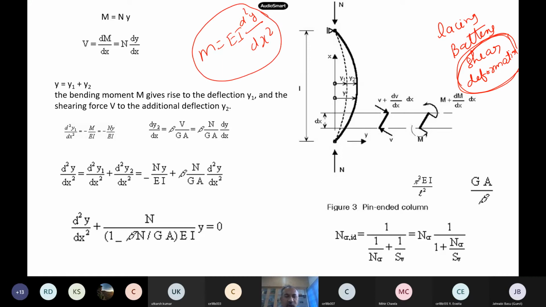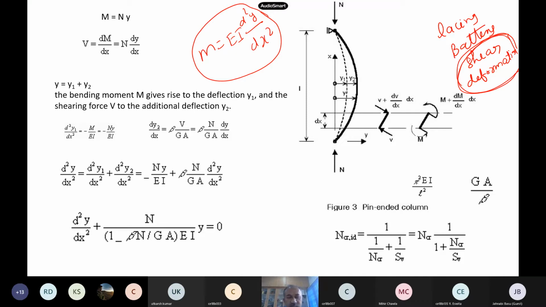That M by I equals E by R, that formula. What did you assume in the starting? What are the assumptions in that simple bending formula?